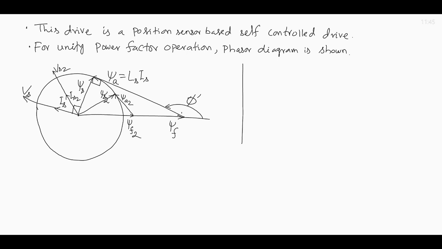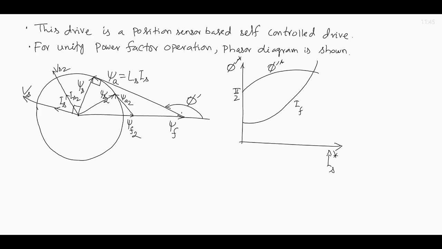So this way the phase angles and the field currents are generated as a function of the stator current command Is star. This is phi star dash, and this is the angle pi by 2, and the field current If star is also shown here.